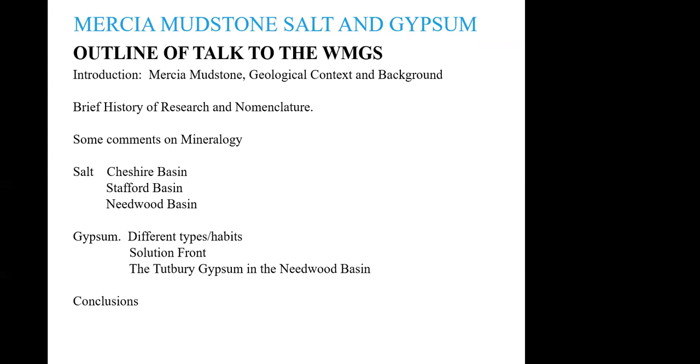There are some comments on mineralogy, which is actually quite an interesting and developing field, and then I'll describe in more detail the occurrence of salt or halite in the Cheshire, Stafford and Needwood basins. Then I'm going to change tack and talk about the gypsum within the Mercia mudstone, and particularly the occurrence of what I have identified as a solution front. And finally, some conclusions, with certainly some actions there for somebody.